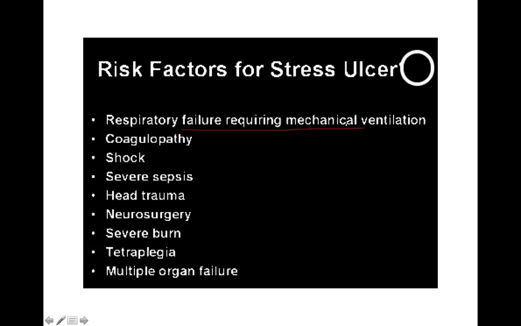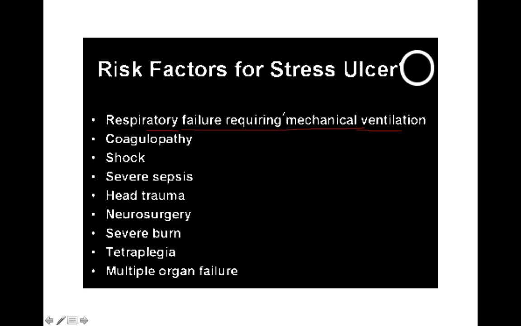Mechanical ventilation for more than 48 hours can also lead to pneumonia. It is a risk factor for pneumonia, okay, because the patient can aspirate, causing aspiration pneumonia. There are other risk factors also, but this is the main one. If you are asked, like, the patient is in ICU, or has severe burns, or has paraplegia, which of these patients require prophylaxis?